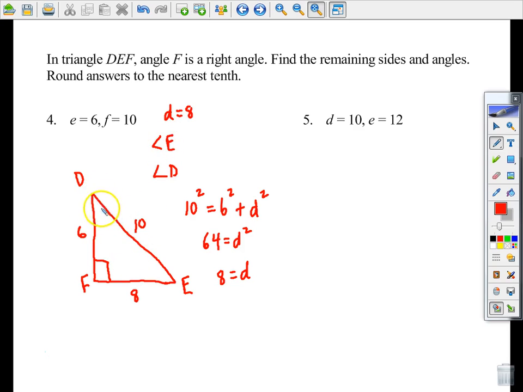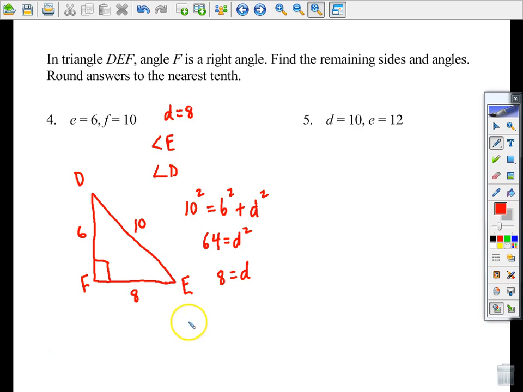Now let's work on either one of these angles. It doesn't really matter which way you go first. Since I've got E listed first, let's try to find angle E. I just pick a trig ratio to use. For example, I could use sine, because sine of an angle means opposite over hypotenuse.